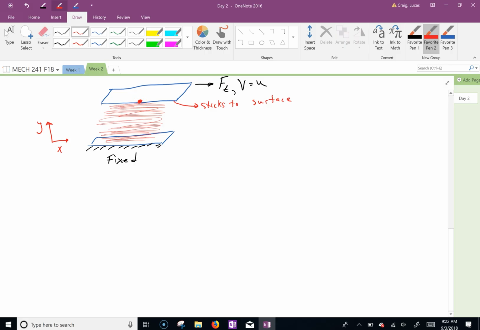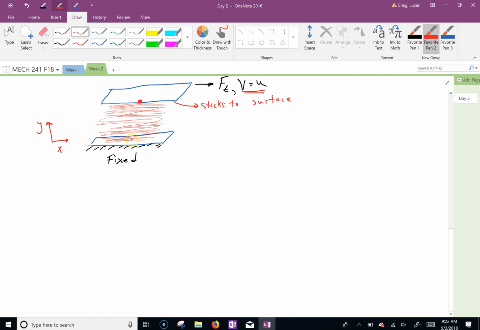So the liquid up there is moving at that speed, v, which we're going to call u. Anybody want to know why it's called u? That's how we indicate the velocity in the x direction.